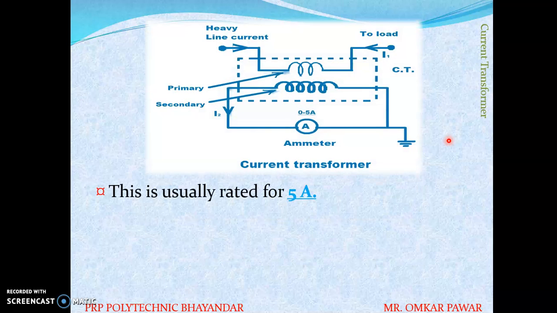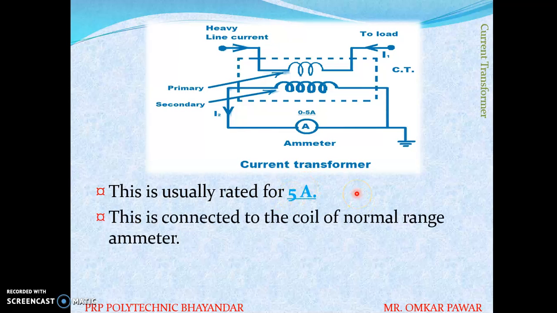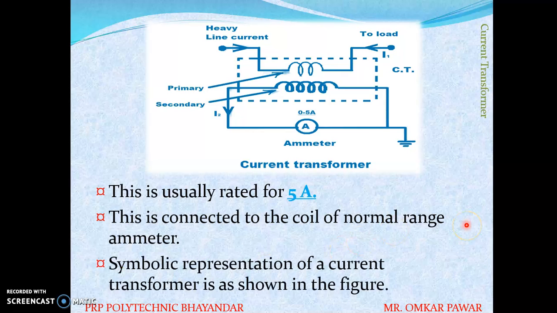This is usually rated for 5 ampere. So secondary side is either 1 ampere or 5 ampere, which is measured by the low range ammeters. So this is connected to the coil of a normal range ammeter. Symbolic representation of the current transformer is shown in the figure.